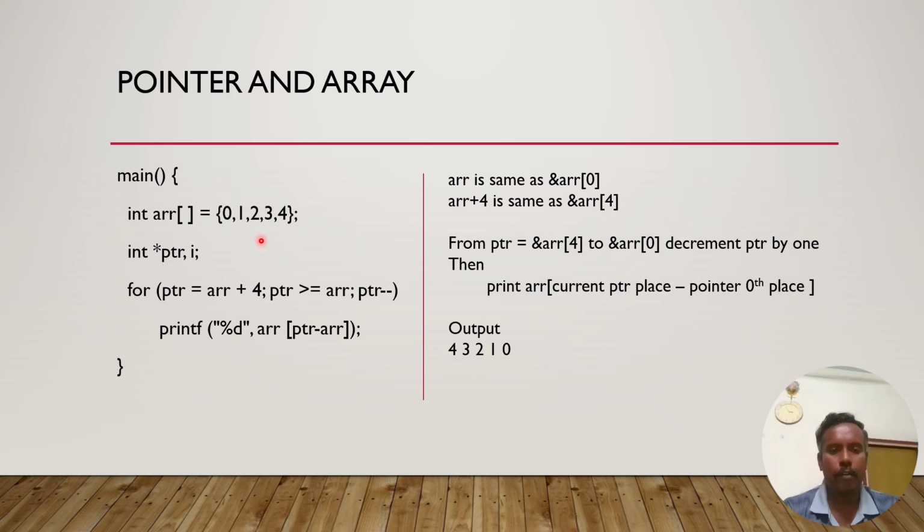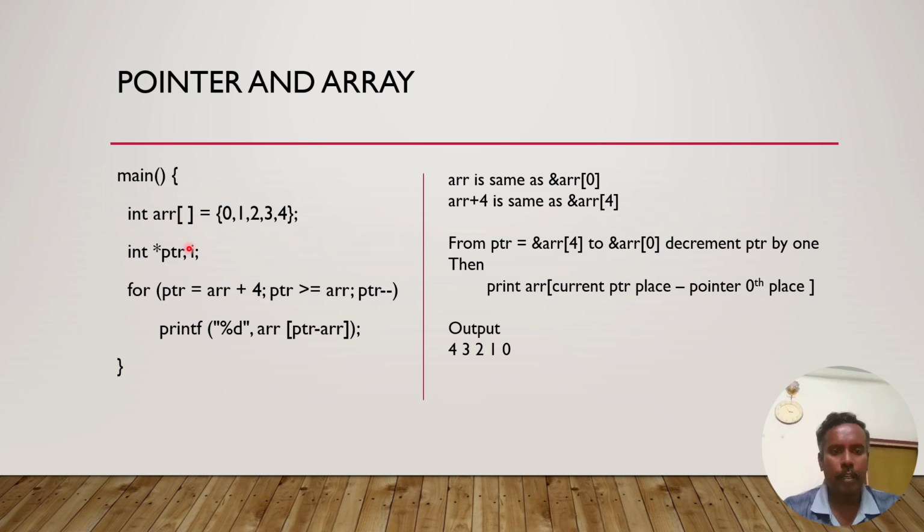So what we are doing here is pointing a pointer from this place to this place, and we are printing it. That's what we are doing. This concept we are explaining. So this pointer is pointing to array plus 4. Array is this address.